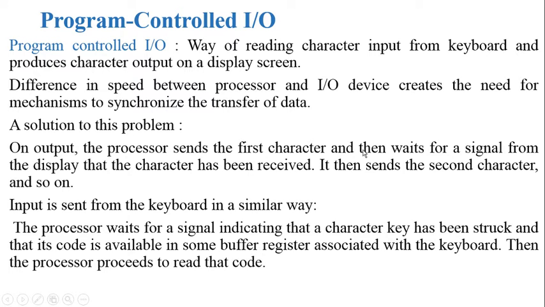After transferring the character, the processor waits to get a confirmation from the display device. Whenever the data is available on the display side, it sends a confirmation to the processor which indicates that data is now available for display. Then it sends the second character to the display device.